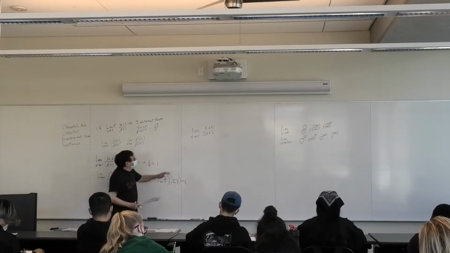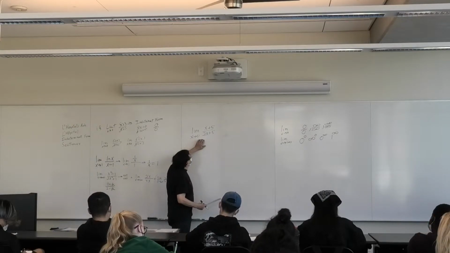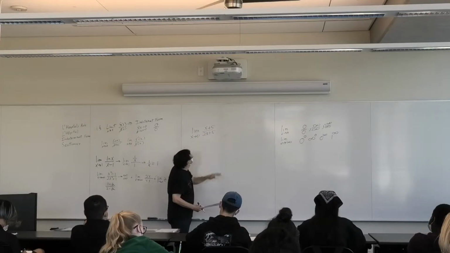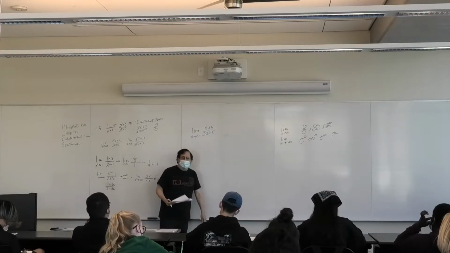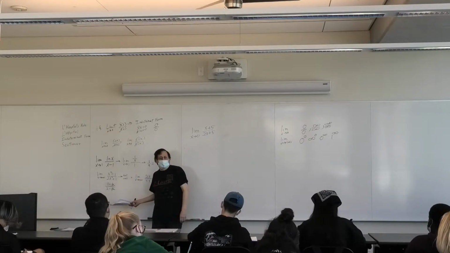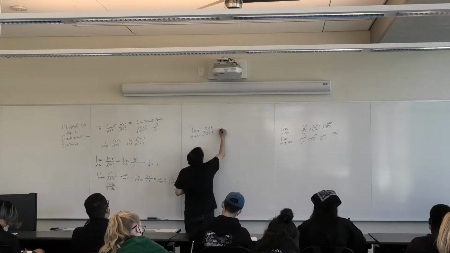Because I look at my first step, and I say, well, it goes to 5 over 5. That's not an indeterminate form, and it would be inappropriate. We can see right away, this is just going to 1.